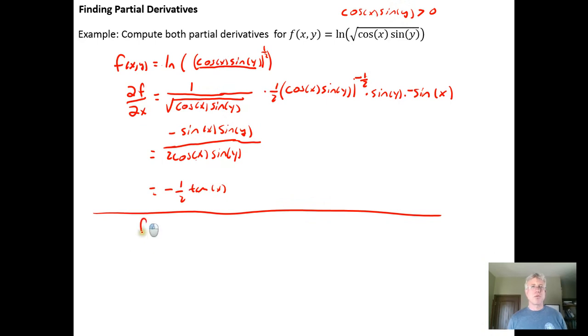So let's go partial derivative with respect to y. So natural log of crap is again going to be 1 over the crap.